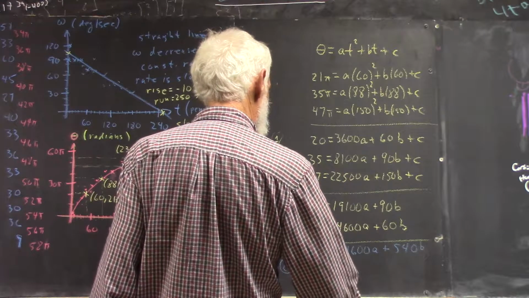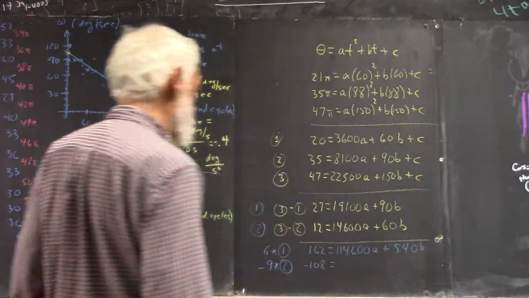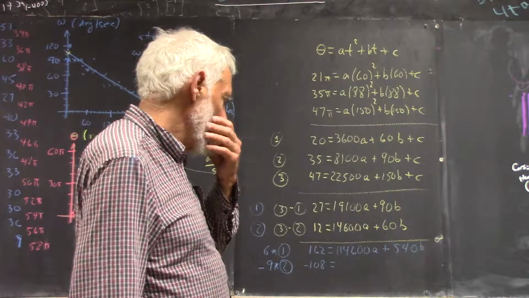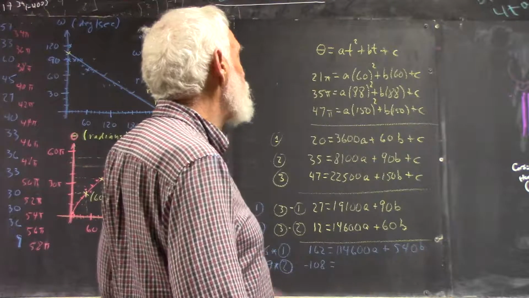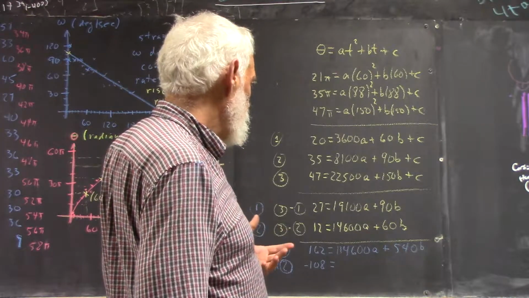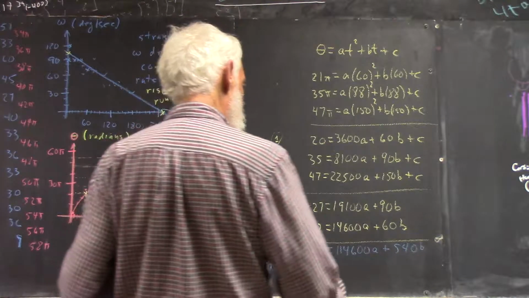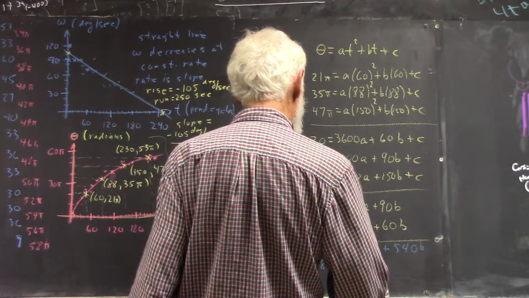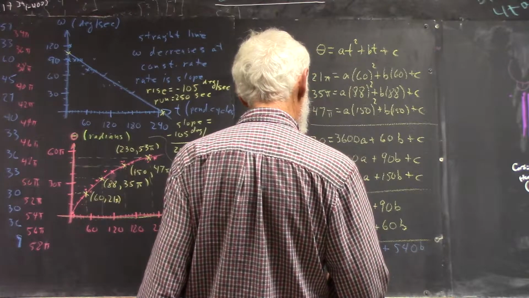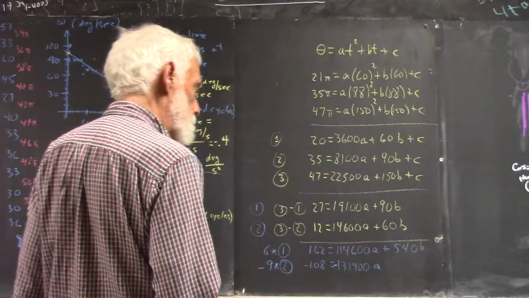And again, watch me, I'm doing this and I'm not double checking it. And 10 times 14,600 is 146,000. If you subtract 14,000 from 146,000, you get 131,400. And that'll be negative because you multiply by -9.